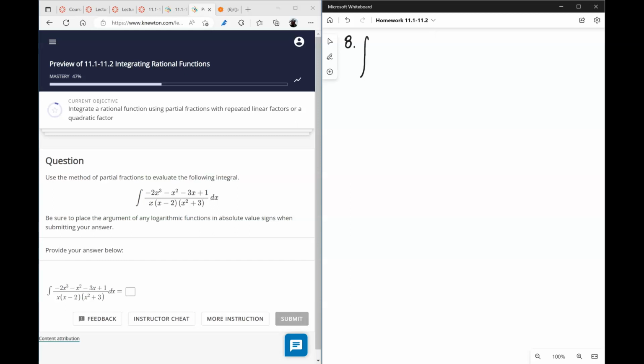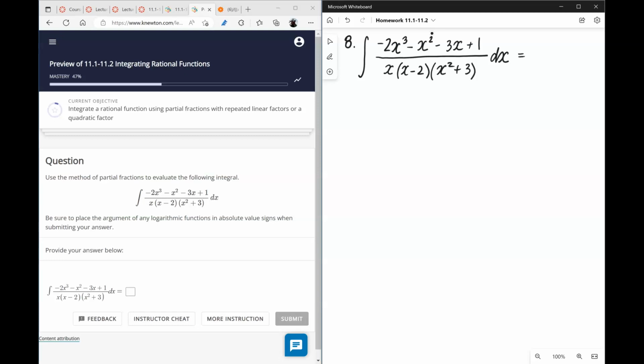We have something that looks scary. It looks scary only from the algebraic point of view. If you're doing algebra by hand, then sure.